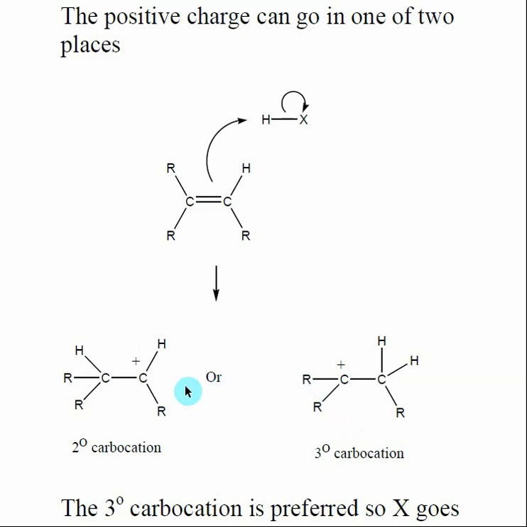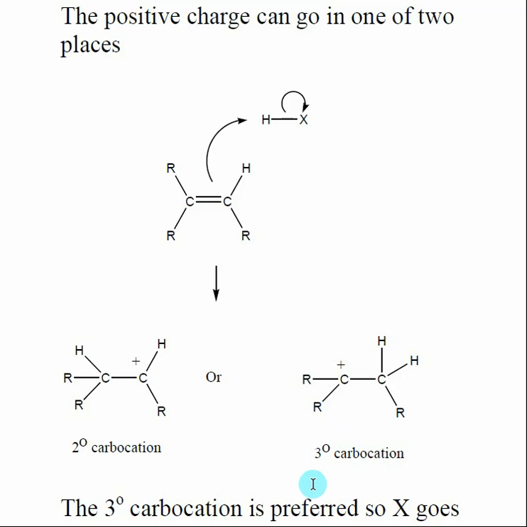But between these two, the hydrogen would rather go on the right-hand carbon here, which is the less substituted carbon. The reason why is it puts the positive charge on the more substituted carbon and forms a tertiary carbocation. So remember when we were talking about SN1 reactions, we discussed the stability of carbocations.